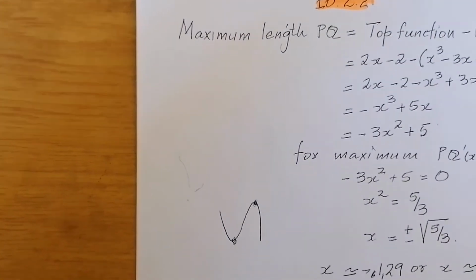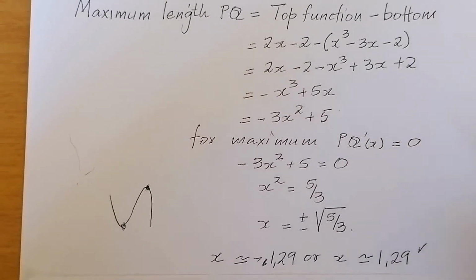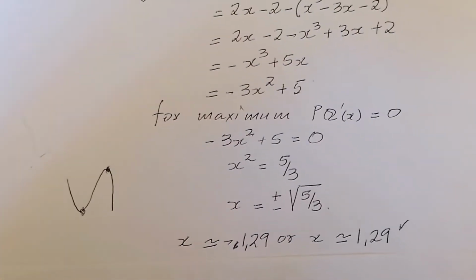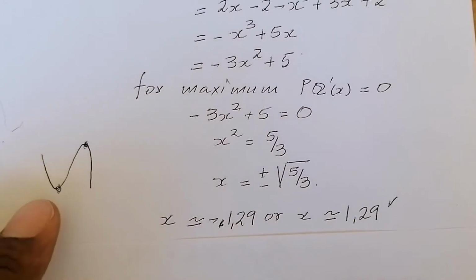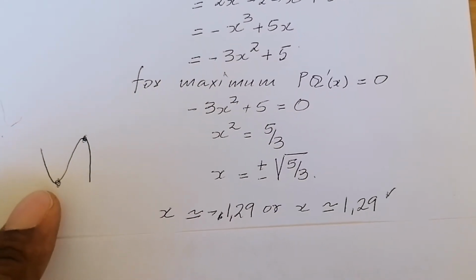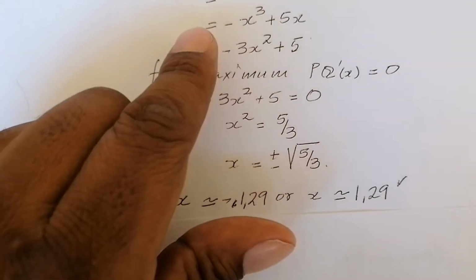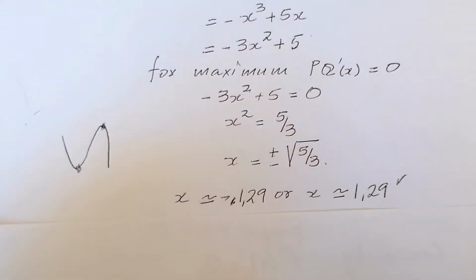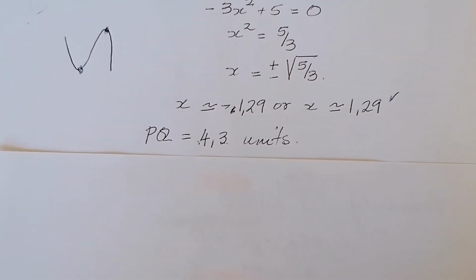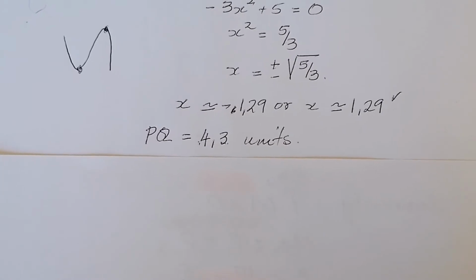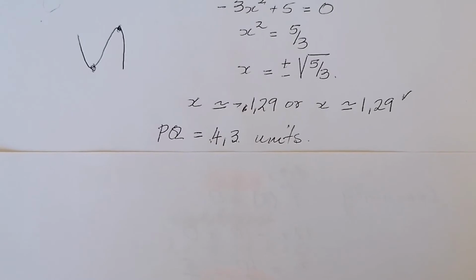To me, it tells me that this one would give me the maximum length, whilst this one would give me the minimum length. Now, for me to get the maximum, I must substitute x into that function, which when I did, I got the length of PQ as 4,3 units. Beautifully answered that particular question.